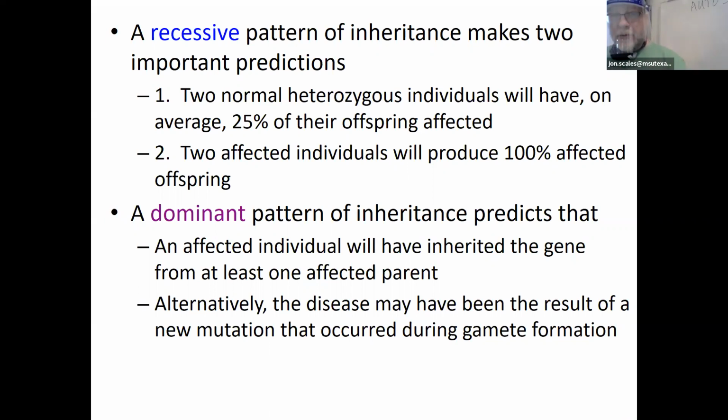And the only sort of reason you might not is because mutations occur. They don't have to be passed down. That could be the first person who had the mutation.